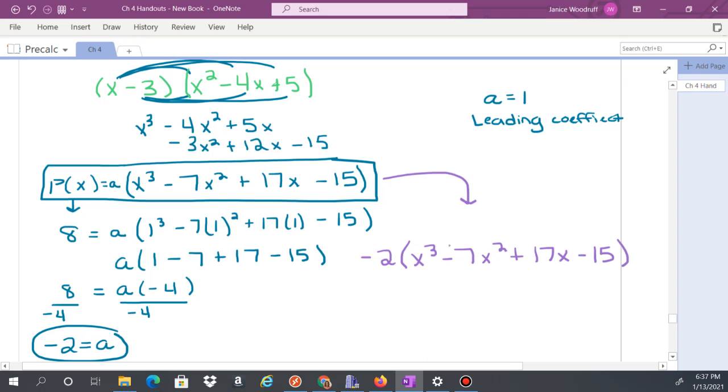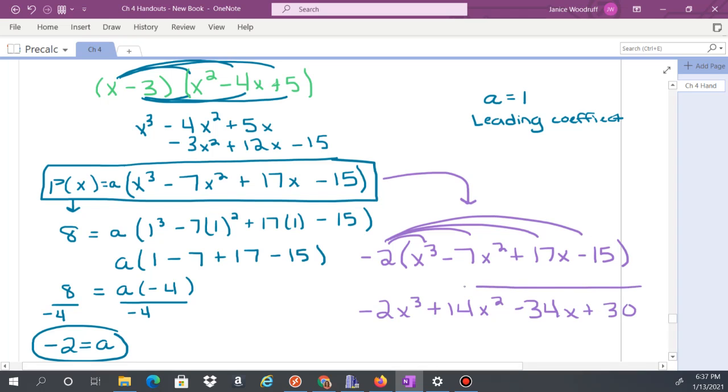And then we're going to distribute that out. So this is negative 2x cubed plus 14x squared minus 34x plus 30. Now we are done.